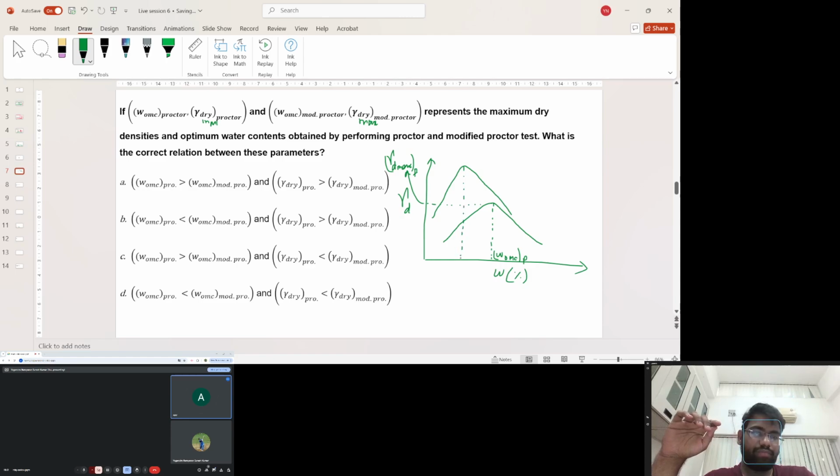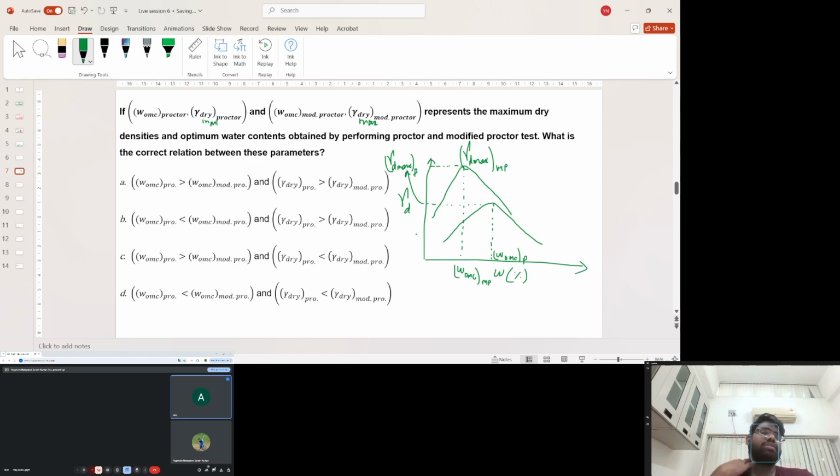So this will be WOMC of modified Proctor. This will be gamma D max of modified Proctor.